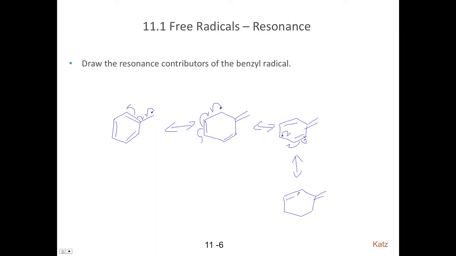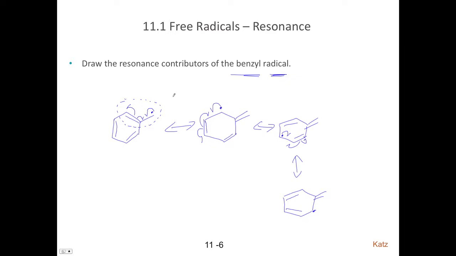Just like before, notice a cute little pattern here. This is a benzene. This is a benzyl radical, sure, but what really is it? It's really an allylic radical, just like a benzylic carbocation is really an allylic carbocation that's souped up.